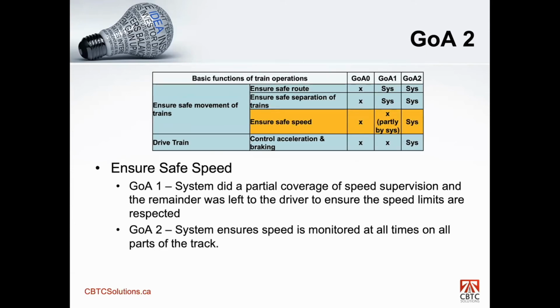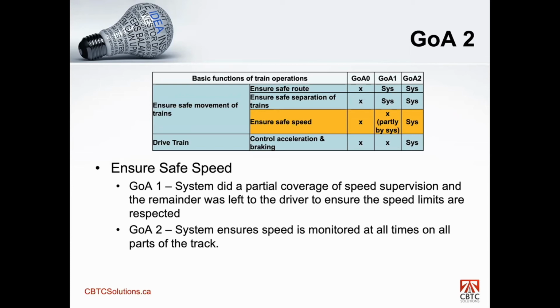Now, ensure safe speed. In a GoA 1 system, we talked about partial coverage of speed supervision. The remainder was left to the driver to ensure the speed limits are respected, whether it's continuous or semi-continuous. But in a GoA 2 system, the system ensures speed is monitored at all times on all parts of the track.